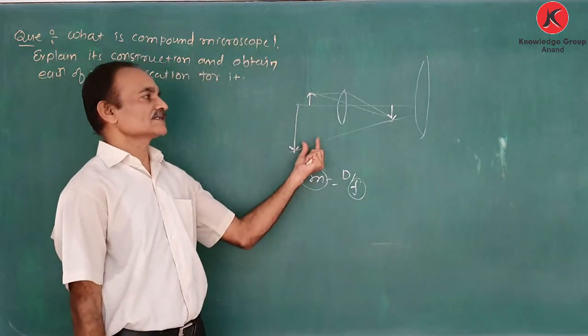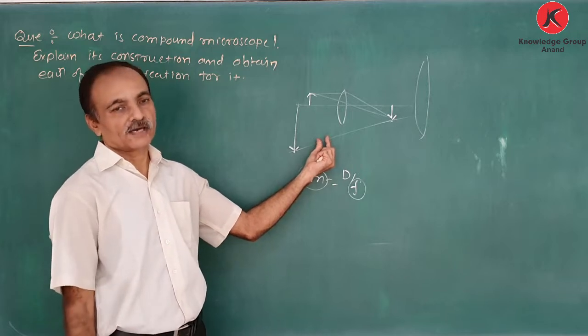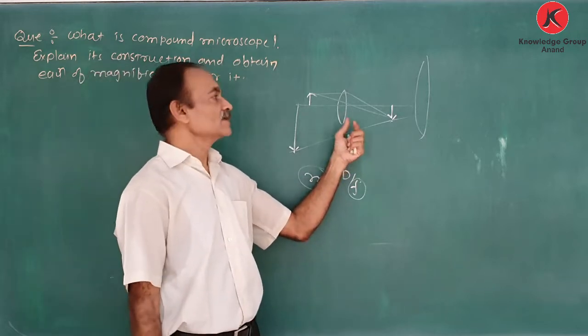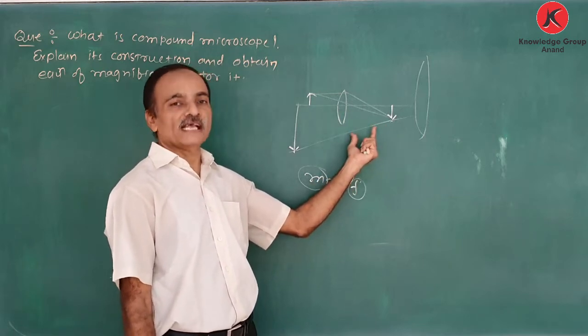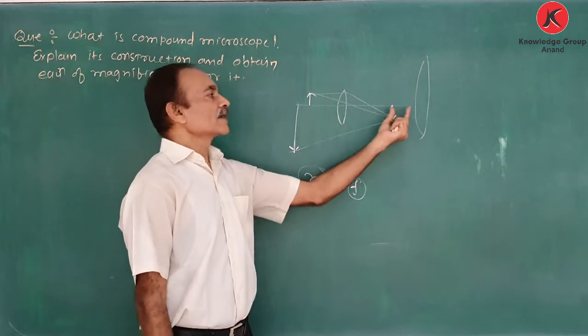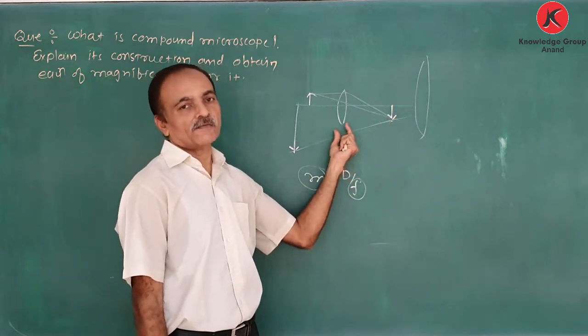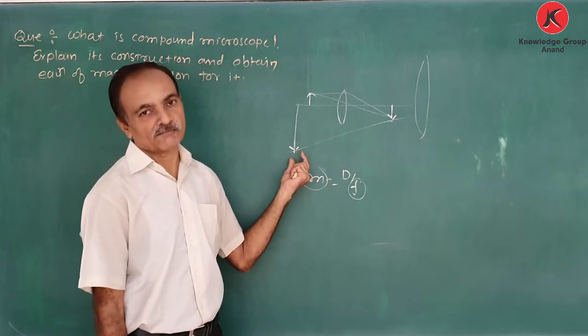So in short, in the compound microscope one uses two lenses, and the compounding effect of each other's lenses is known as the compound microscope.